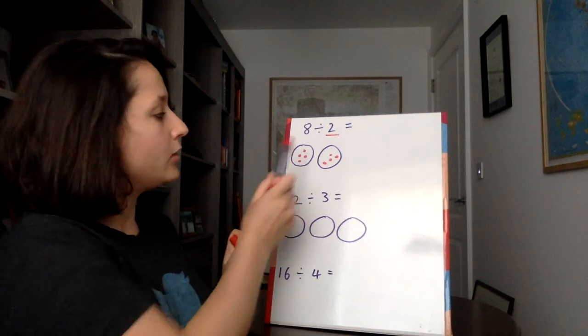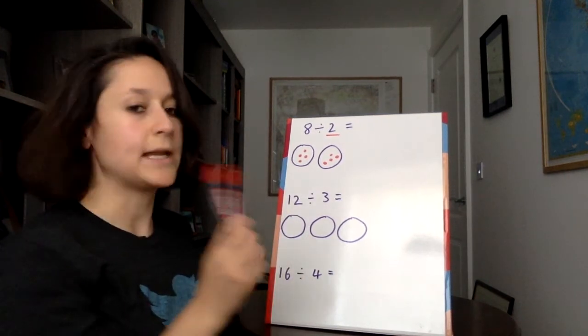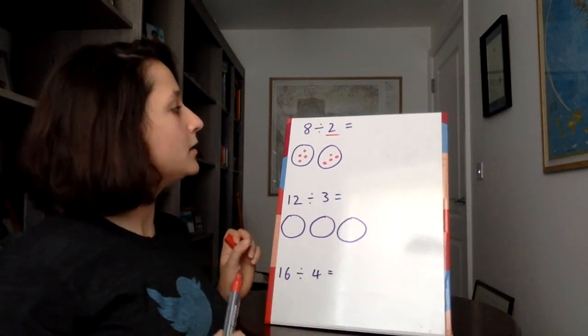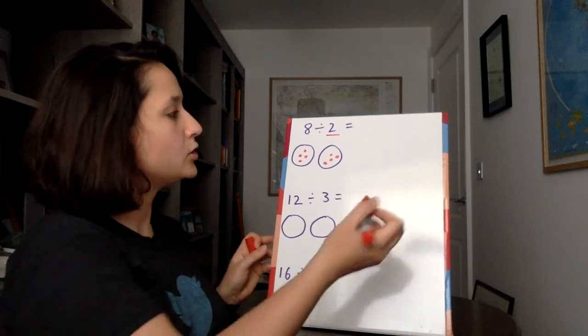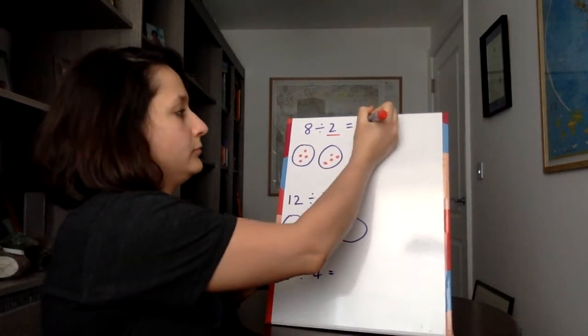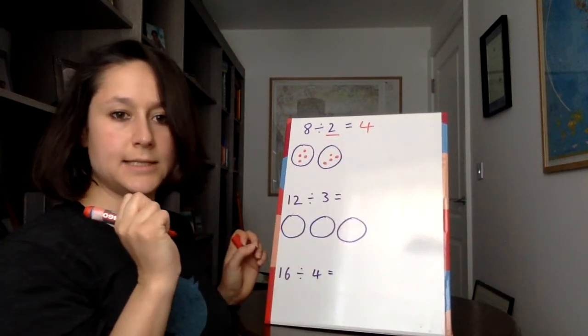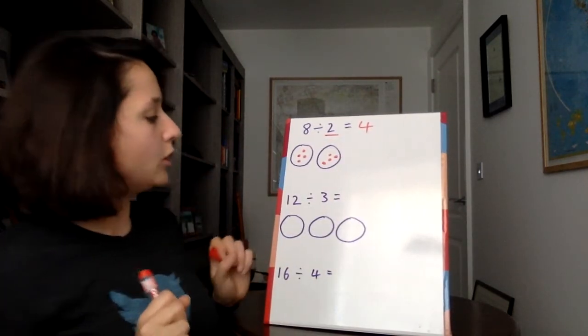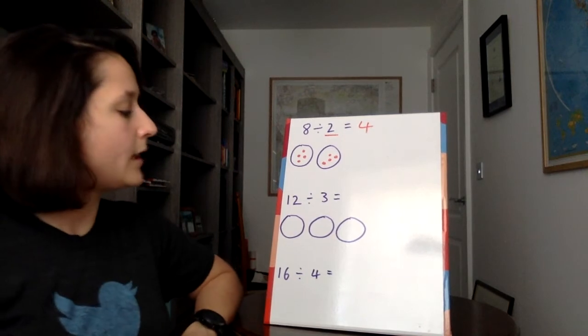And then all you need to do is count the dots in one circle, and that gives you the answer to 8 divided by 2, which is 1, 2, 3, 4. Easy as that.